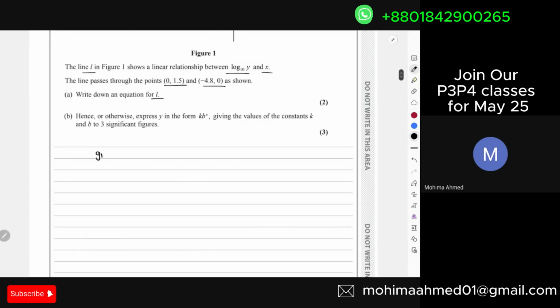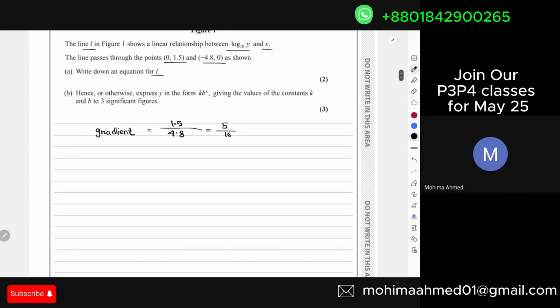So your gradient here is just 1.5 over 4.8, and you get 5 over 16. I mean, you get 0.3125, but 5 over 16 is going to be easier for your calculation.